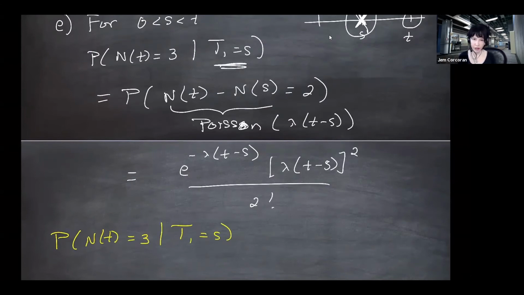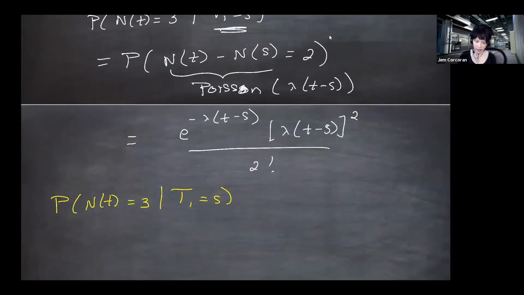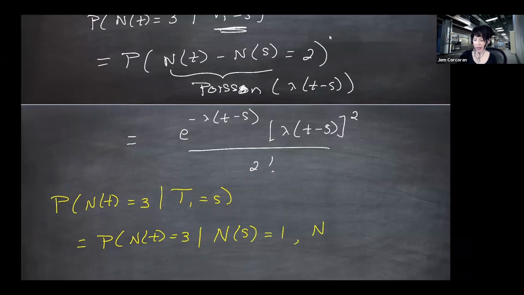Suppose I want to rewrite this in terms of just the N process. So this is the probability that N of t is 3, given, okay, so we have N of s is 1, and N of u is 0 for all u less than s.